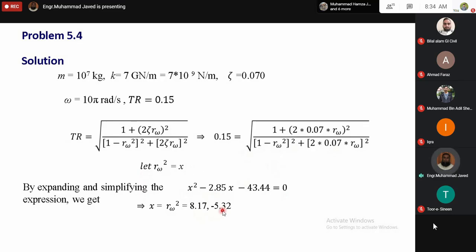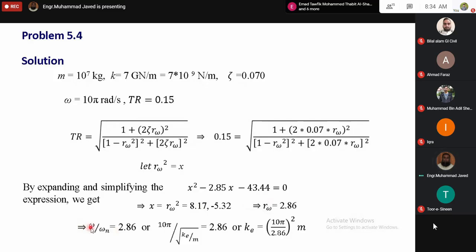Now negative root have no physical meaning, so the correct answer is 8.17. R omega square is 8.17, so R omega will be 2.86, and R omega is omega by omega n. Omega is 10 pi radian per second.